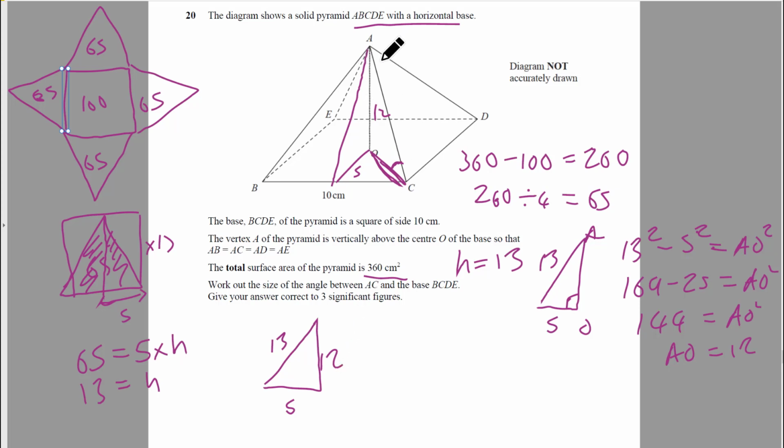Now be careful here, just because that length is 13, that's the right angle there. AC is going to be a different length. So AC, let's draw that down so you can see that. You've got C, you've got 13.